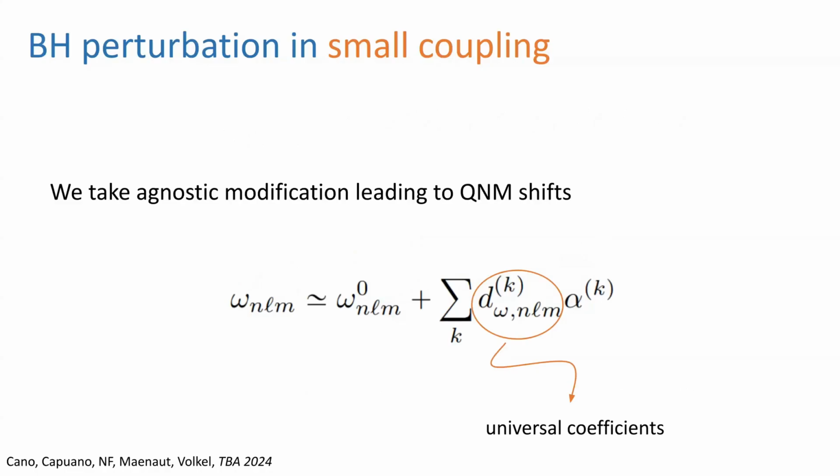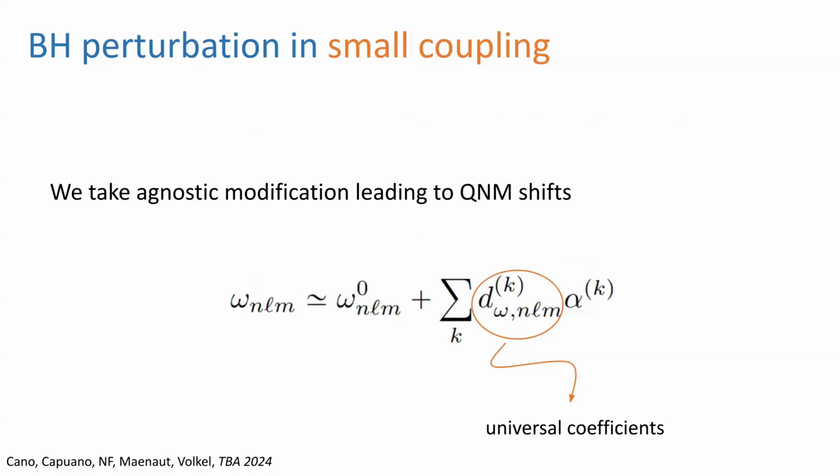So the shifts to the quasi-normal modes of Kerr will now be corrected, at least at the linear level, with some part that is theory specific. And then these coefficients do not depend on the theory. They are just the Taylor expansion of the computation of quasi-normal modes. So they are universal.